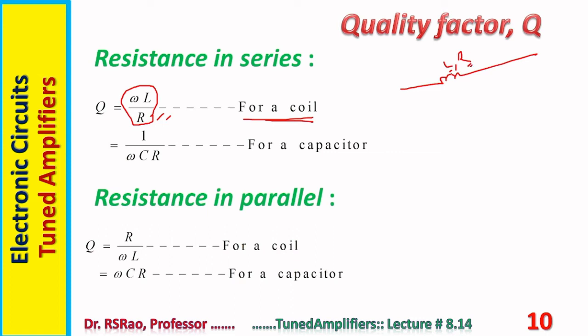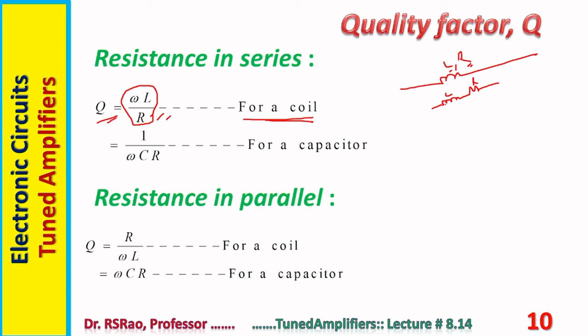So the equivalent circuit of this inductor is pure inductance in series with resistance. This is L, this is R. If we denote R in series with L, Q is omega L by R.